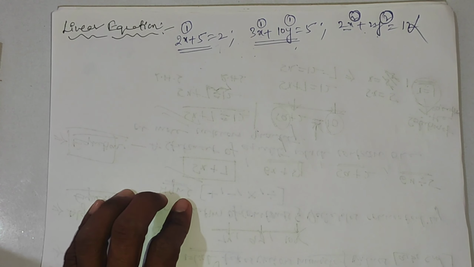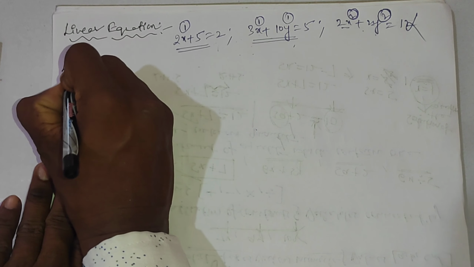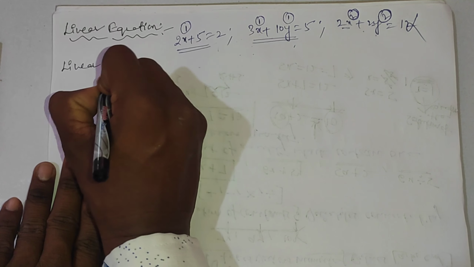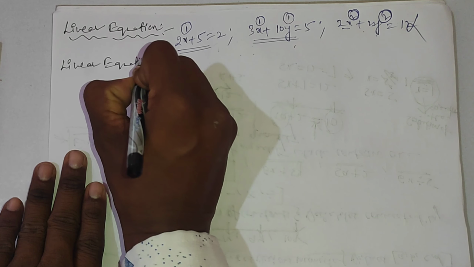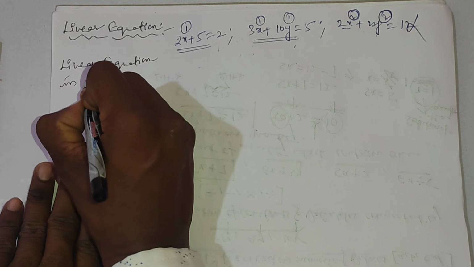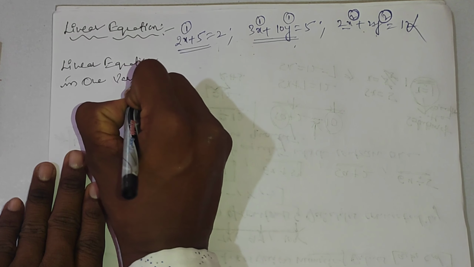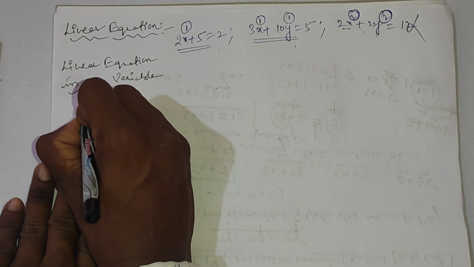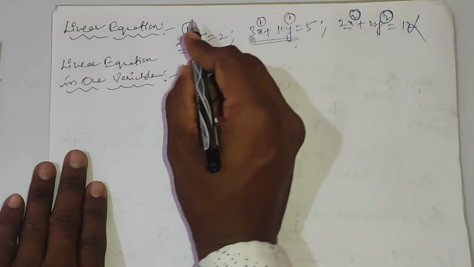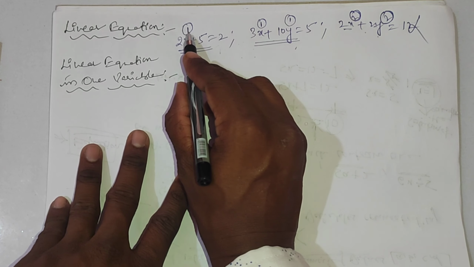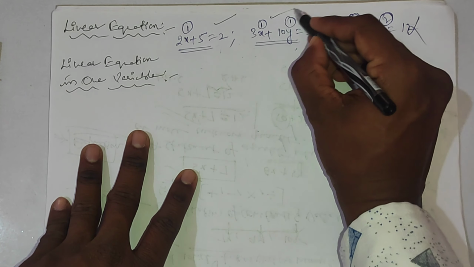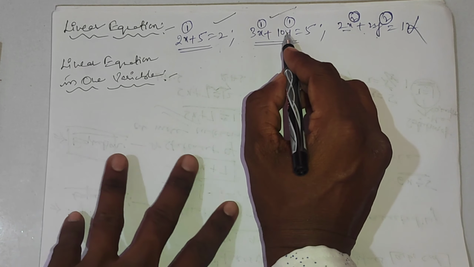Now we'll see linear equation in one variable. If the degree of the equation is 1, that is called a linear equation. So these two have degree 1.